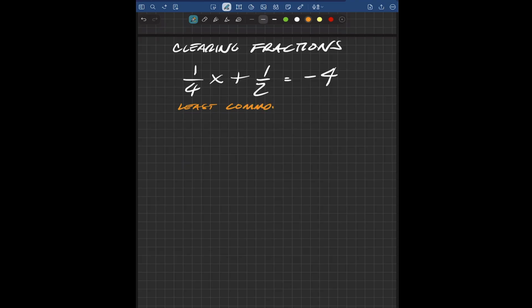And really, I don't have to find the least, but it makes my numbers more easily worked with because they're smaller, they're lesser. So I want to look for the least common multiple of, I should write all of the denominators in my whole equation.